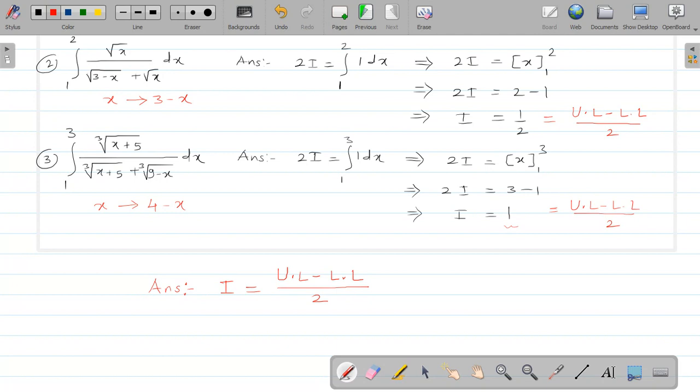So this is the use of the property: the integration from a to b of f of x dx, we can change it as the integration from a to b of f of a plus b minus x, meaning we have to replace x with a plus b minus x. If you solve this type of integration, you will get the answer of I as upper limit minus lower limit upon 2. So you remember it like this, so that it can be easy for you to solve this type of questions. Okay, thank you.